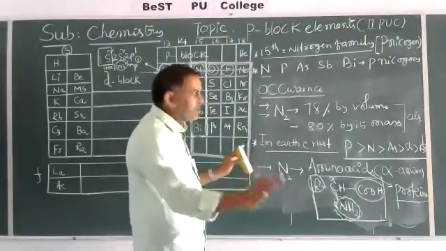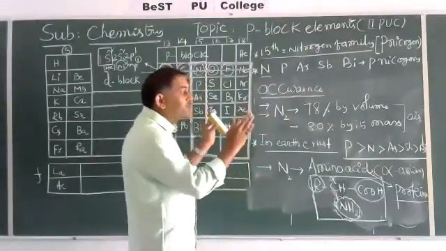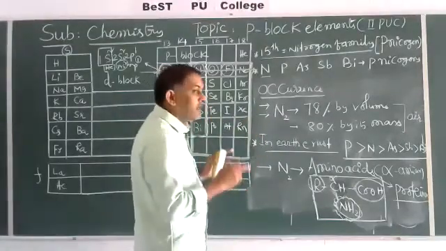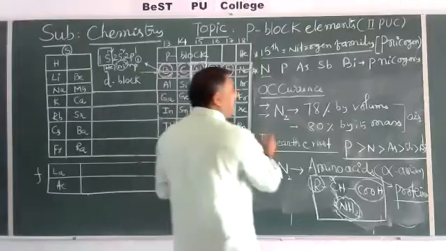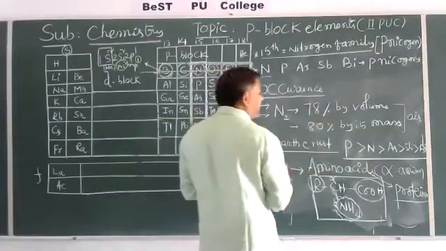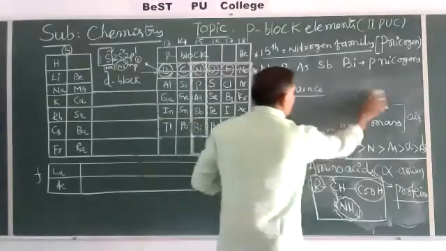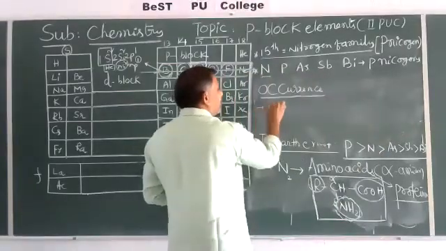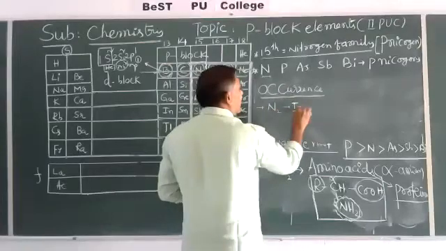Clear? In atmospheric air, that is the availability, and in living systems and plants. And in the earth crust, nitrogen is mainly present as nitrates.